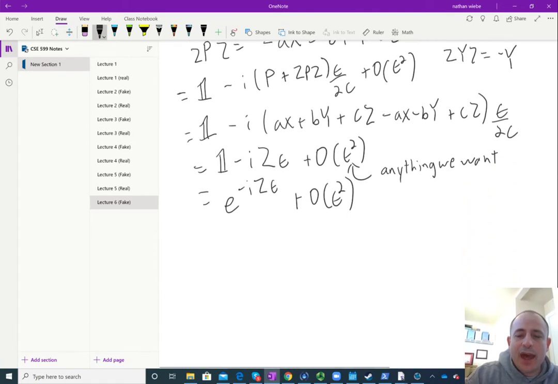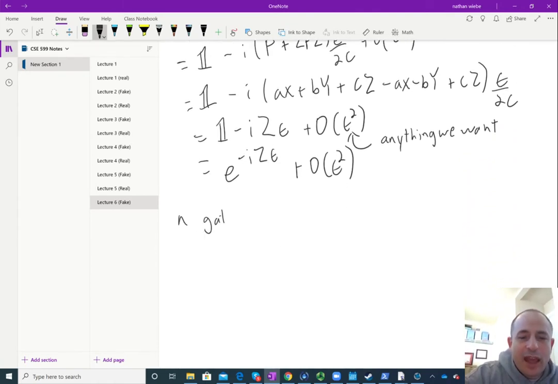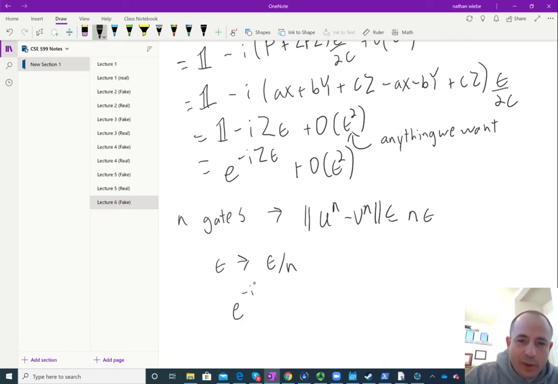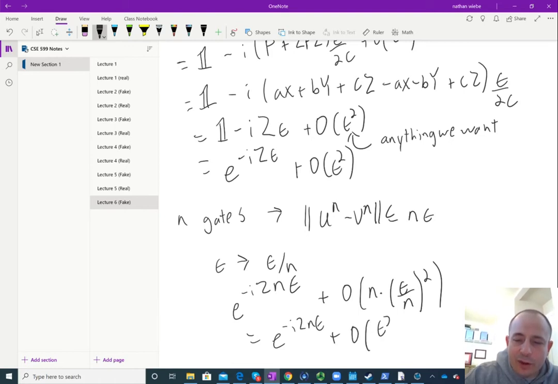So for example, if we need to call this individual z rotation n times, then it suffices to use the fact that the norm of u to the n minus v to the n is less than or equal to n times epsilon. We pick epsilon to go to epsilon over n, and then we can do e to the minus i Z n epsilon, and the error from this argument is going to be at most n times epsilon over n squared, so e to the minus i Z n epsilon plus order epsilon squared over n.